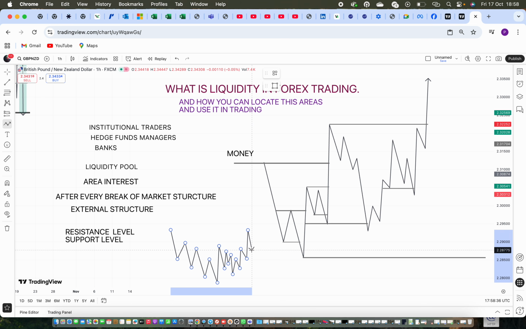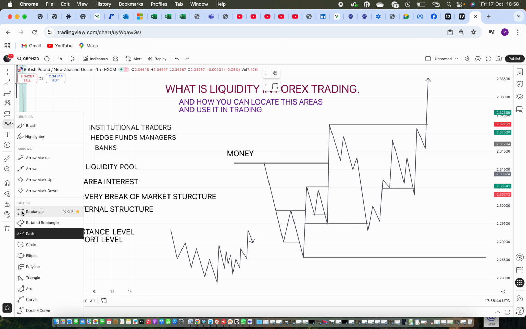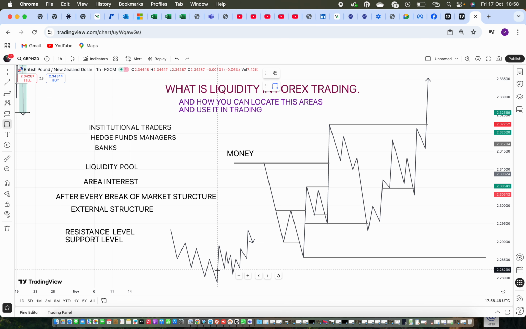All right, so you need to understand that in the market, the major area that price will come to hurt your stop loss, like this level I just explained to you guys, is where a lot of money is sitting in the market, because they know that a lot of traders have stop losses around this level.